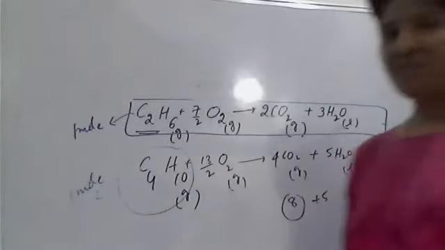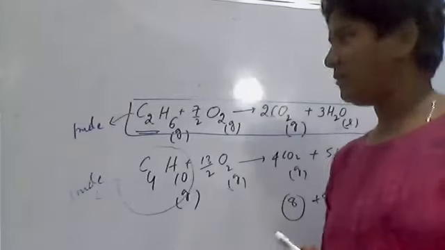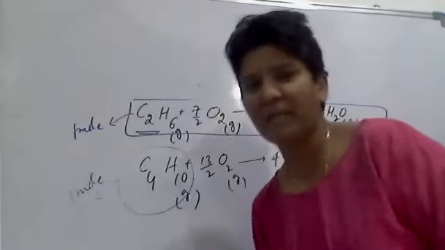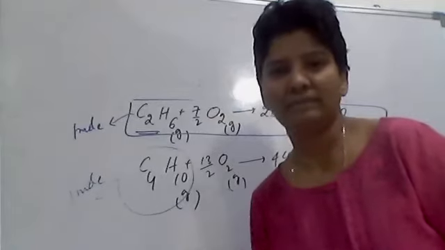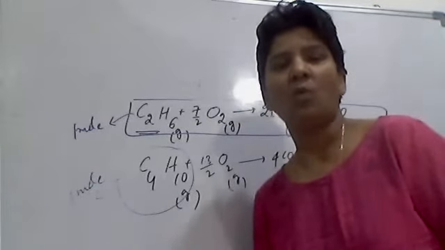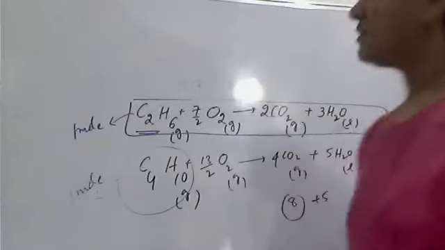Please tell me, what is the formula of benzene? Benzene, whose IUPAC name is cyclohexa-1,3,5-triene.